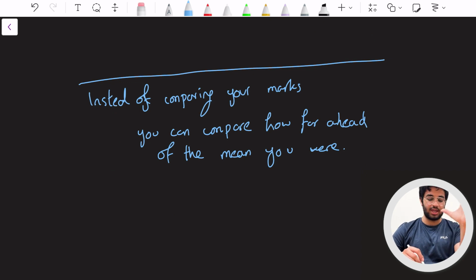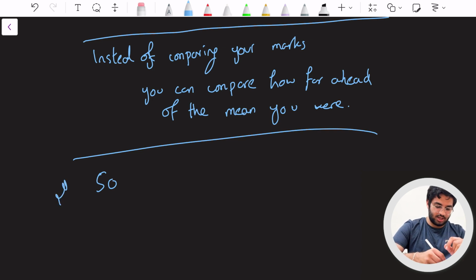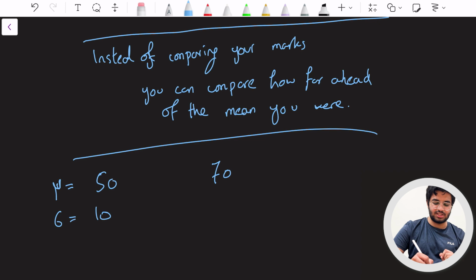So instead of just looking at how far you were, you'll look at how many standard deviations far you were of the mean. So you can say, for example, if your school did the test and the mean was 50, mu equals 50, standard deviation equals 10, and again, you got 70 marks.